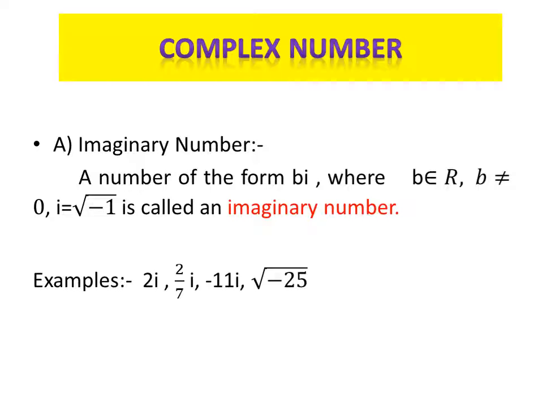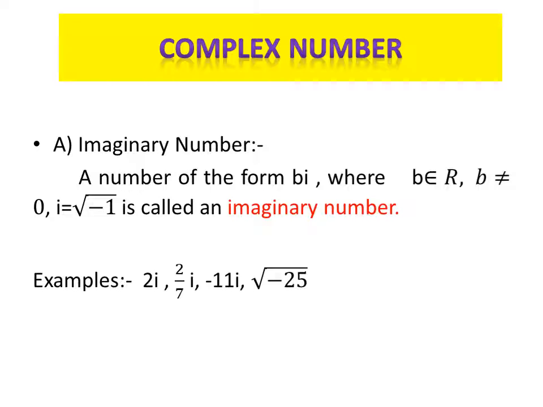A number of the form bi, where b belongs to R, R means the set of real numbers, and b is not equal to 0, and i is equal to root of minus 1, is called an imaginary number. The format of this number is bi, where b belongs to the real number set.